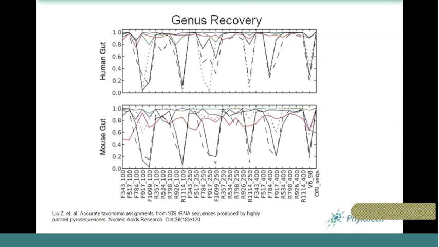Sequencing errors can further confound this analysis. In our method, we address this using an approach that interrogates the full length of the gene for maximal discriminatory power, and we also build in internal controls that help us when we're doing the bioinformatics and taxa assignment. So great question. Thank you.